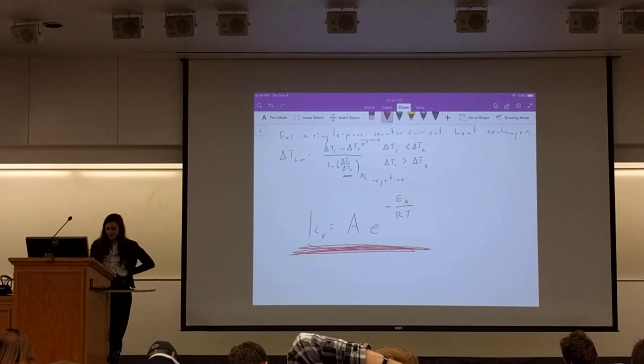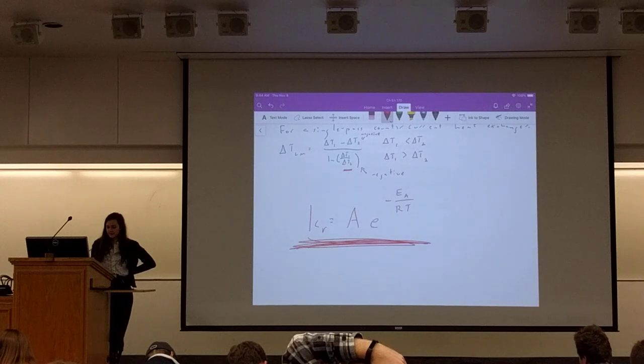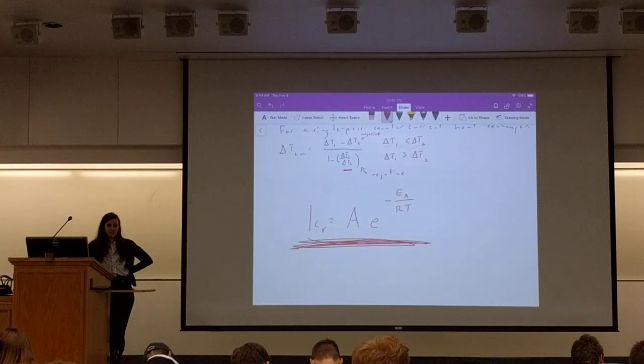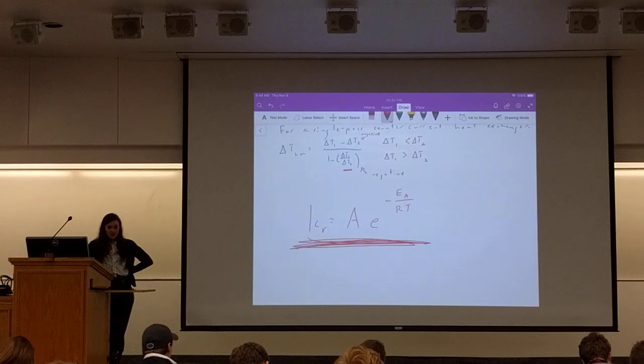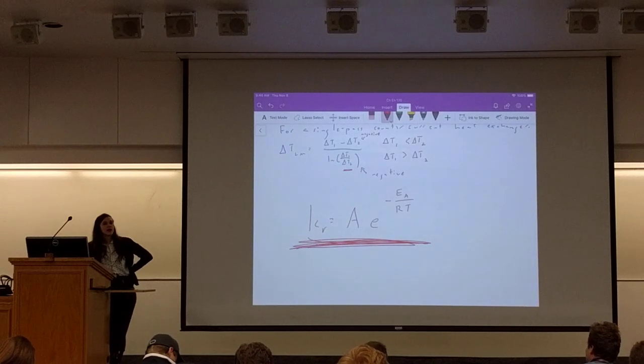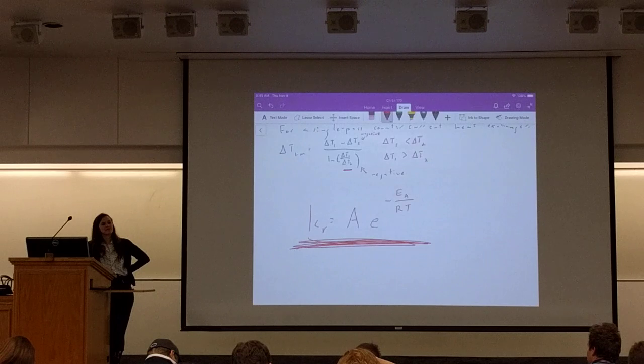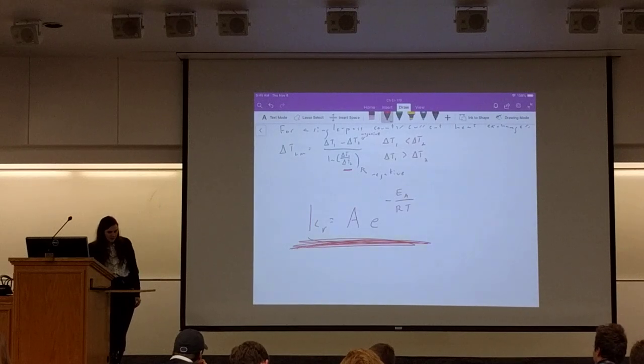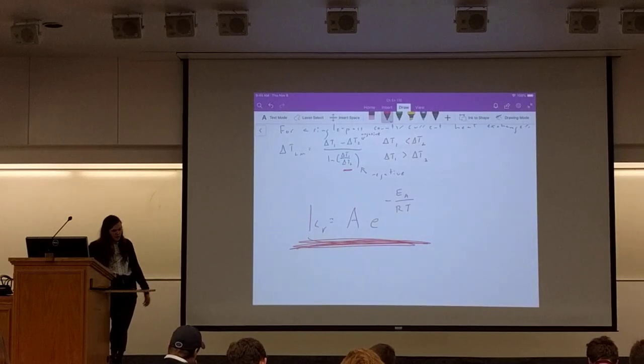The important thing to remember here is that this shows how the rate constant changes with activation energy and with temperature. When temperature goes up, how does the rate constant change? It goes up, it gets bigger. When temperature goes down, what happens to the rate constant? It gets smaller.